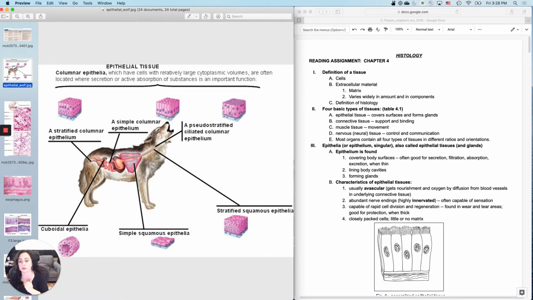Connective tissue is the tissue that is going to support and bind things together. If I have 2 layers of tissue, if I have, for instance, skin and I have muscle, there's going to be a packing tissue, connective tissue between them. So it's usually between any 2 other tissues.